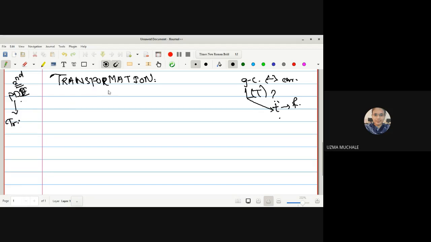So simply, we use transformations so that the original problem can be reduced to an easier form, and then we can solve it easily. So here we are going to find the coordinate transformation.